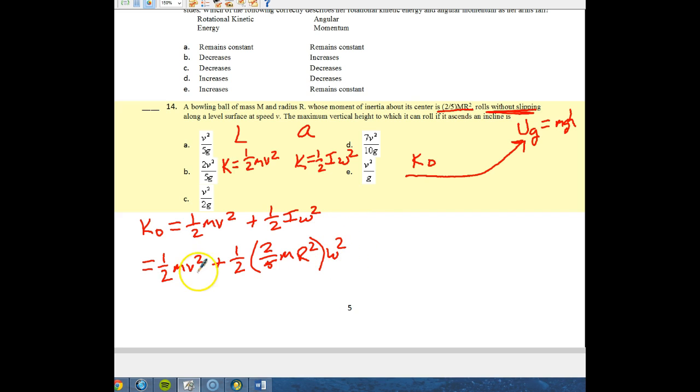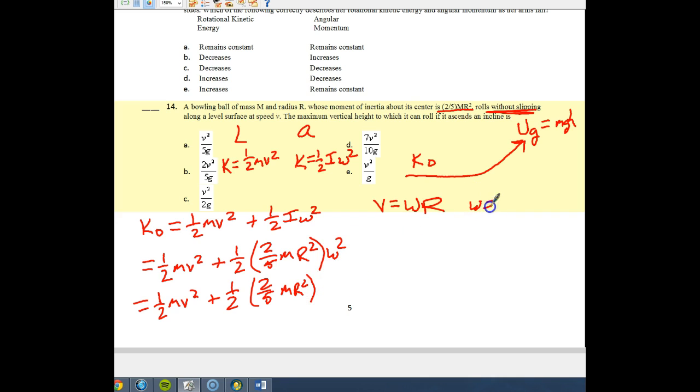Now our problem is we need to get to v. So if you remember, v is equal to omega times r, so our linear is always equal to our angular times the radius, and we're going to go ahead and make this a capital R. So now we can rewrite this equation as 1/2 mv squared plus 1/2 of 2/5 times mr squared, and then omega squared.